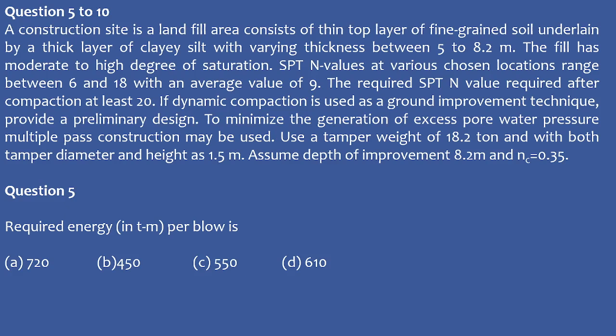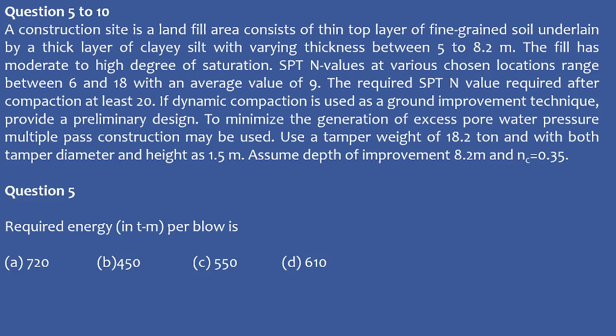The field has a moderate to high degree of saturation, and SPT N values at different locations range from 6 to 18, with an average of 9. The SPT N value required after compaction is 20. If dynamic compaction is used as a ground improvement technique, we need to provide a preliminary design.